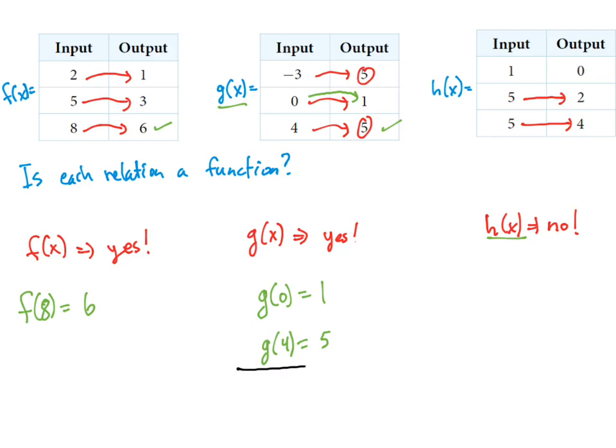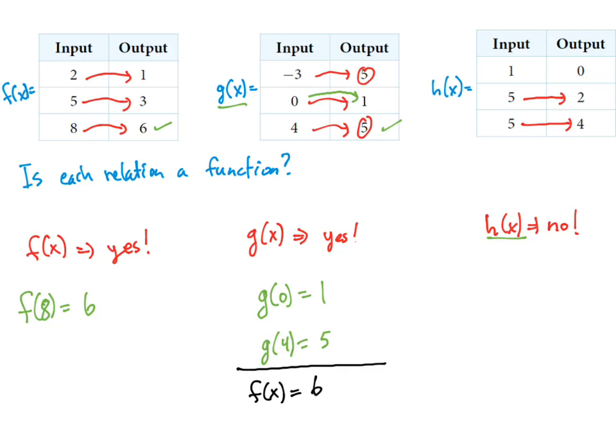One last thing we can do with these tables is, suppose we said, not g of x, let's do f of x. So suppose f of x was equal to 6.